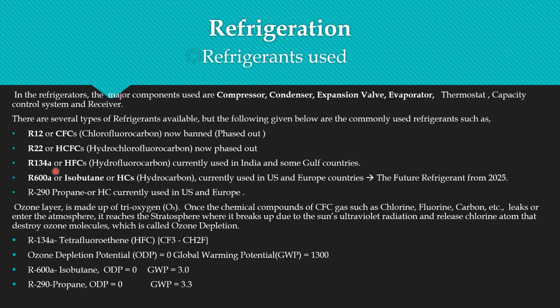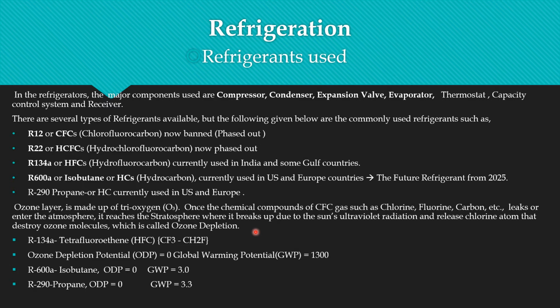Though this R134A has an ODP, ozone depletion potential, of zero, it has another factor, GWP, global warming potential. Some gases are called greenhouse gases, mainly carbon dioxide, and other refrigerants like water, ammonia, chlorine based refrigerants, and methane.